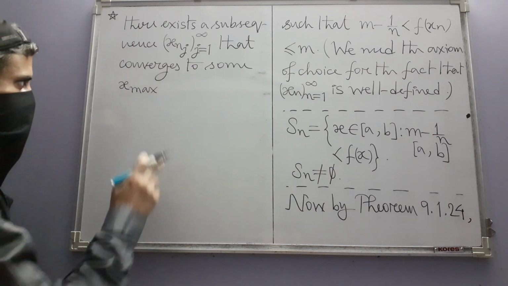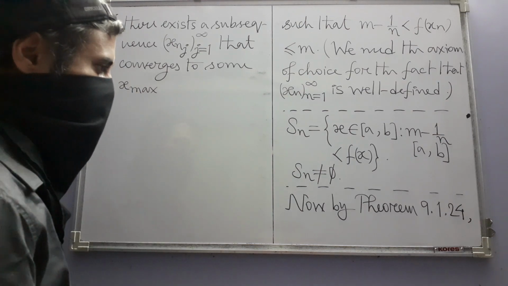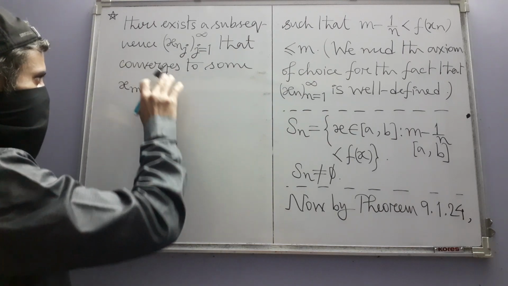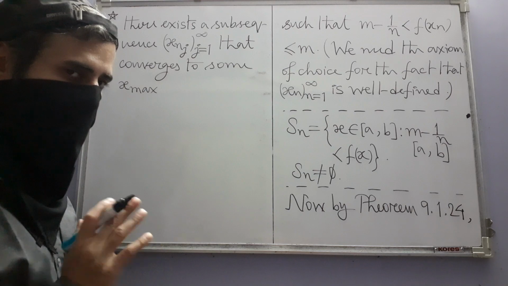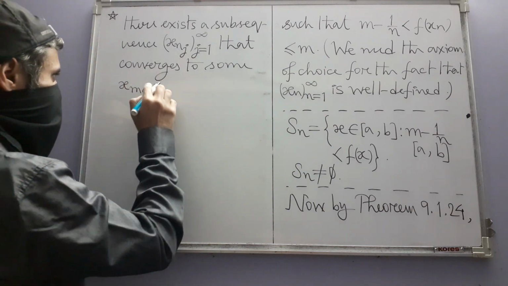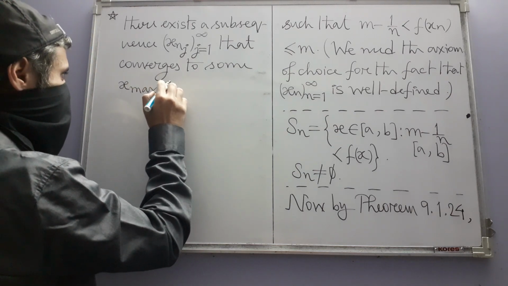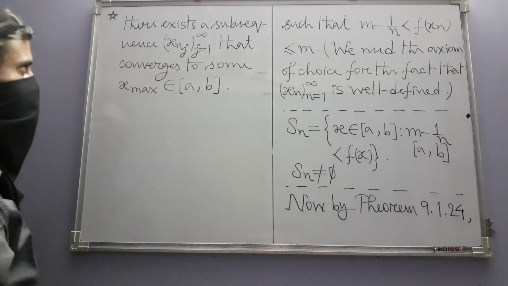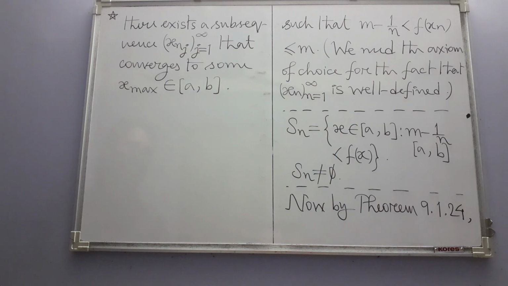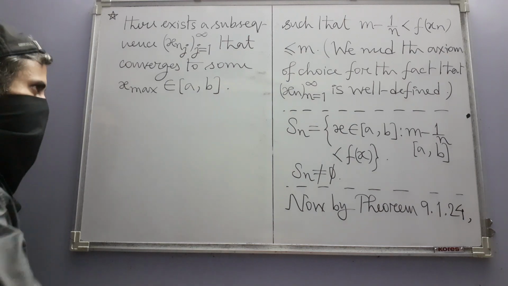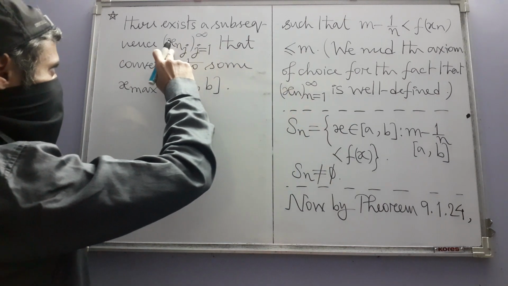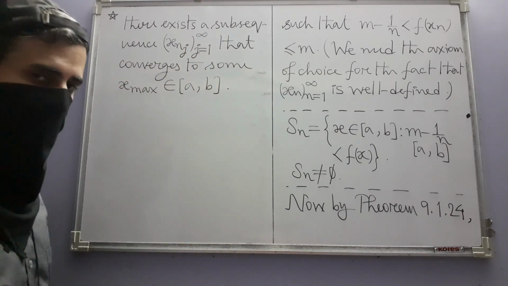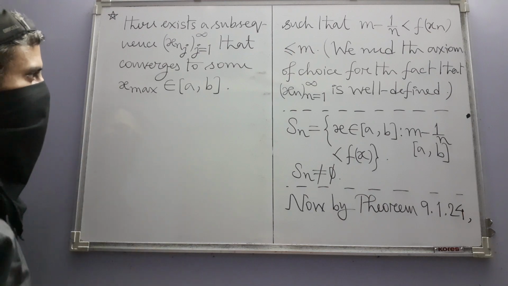So you can understand that this is going to be our x max. We can call it whatever we want. So in anticipation that this is going to be our point, we have called it x max. Okay, so not only does the sequence xn have a convergent subsequence, but that has its limit inside the set itself, inside the closed bounded set.